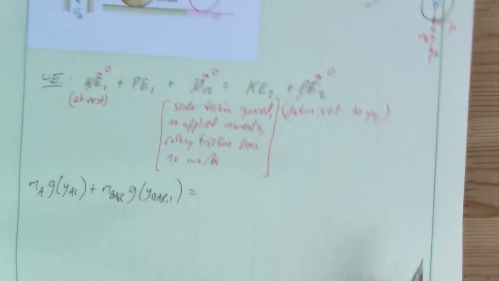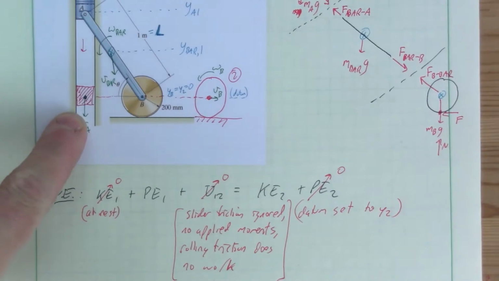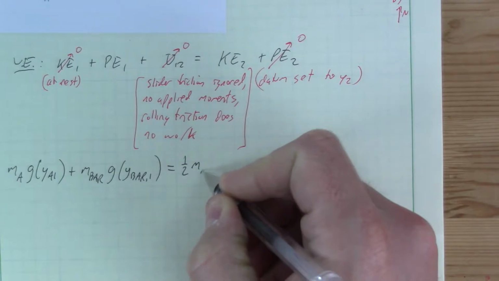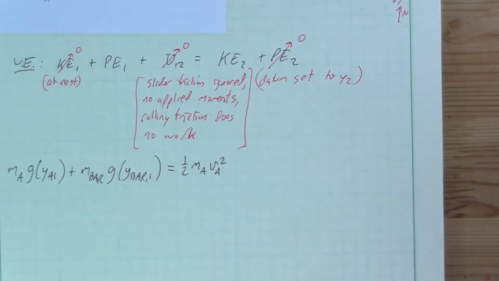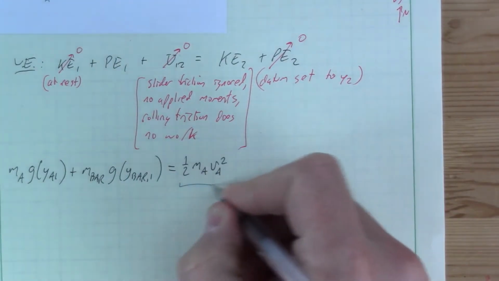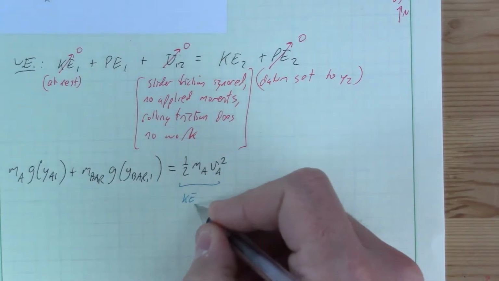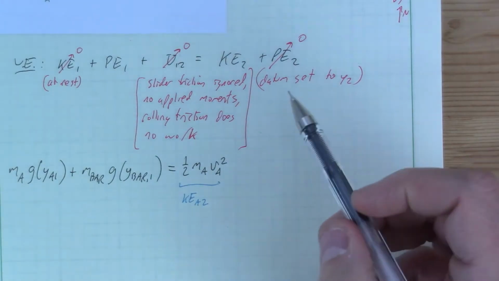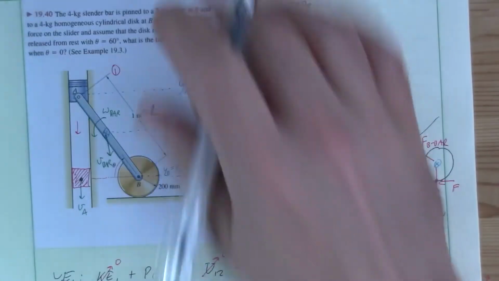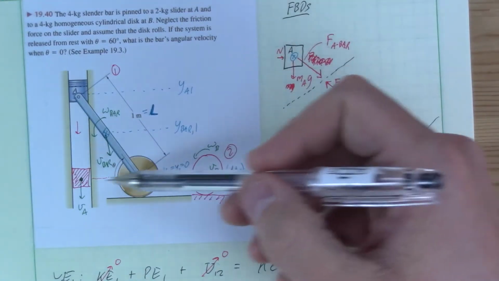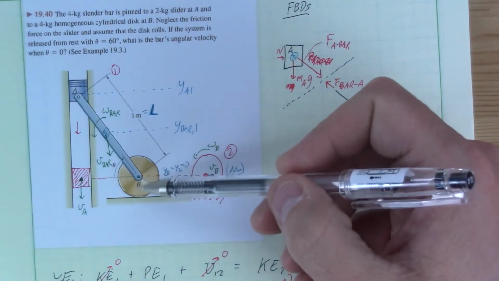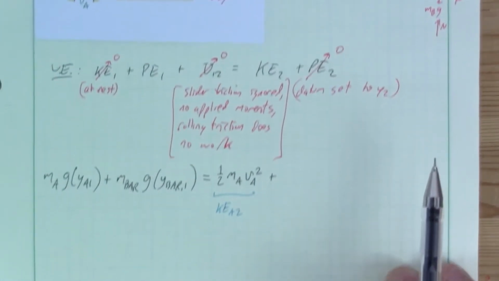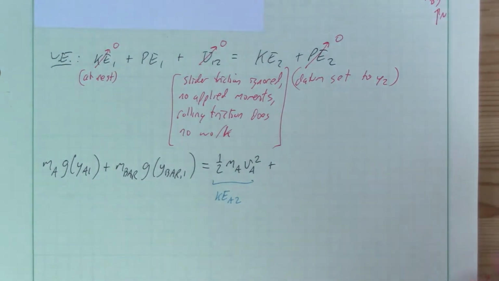Okay, kinetic energy. Slider A is only translating downward, so it only has a kinetic energy of 1/2 mass of A vA squared. This is the kinetic energy of A at state 2. Now let's go to the bar. When we get to this state, the bar is moving downward and rotating, so we need both terms.